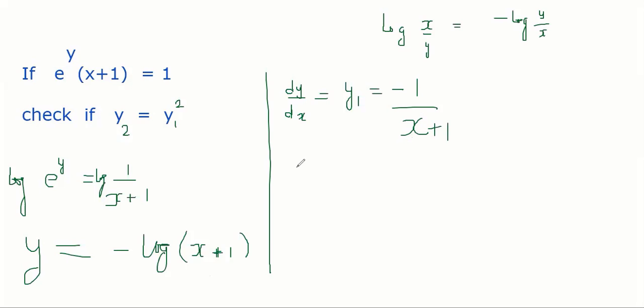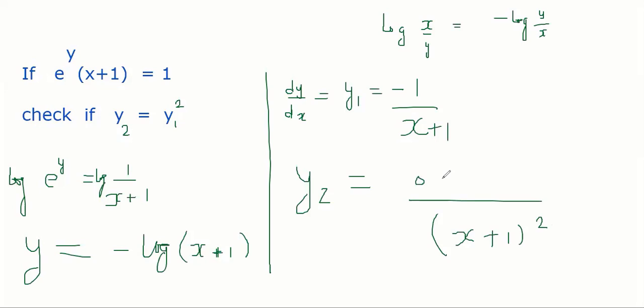If y1 is this, what will be y2? Again differentiate this with respect to x. Using the division rule, u dash v minus v dash u by v square. First write v square below, x plus 1 whole square. Now u dash is 0, into v, so that goes. Then minus u into v dash, so minus minus becomes plus, differentiation of x plus 1 into 1. Correct everybody?